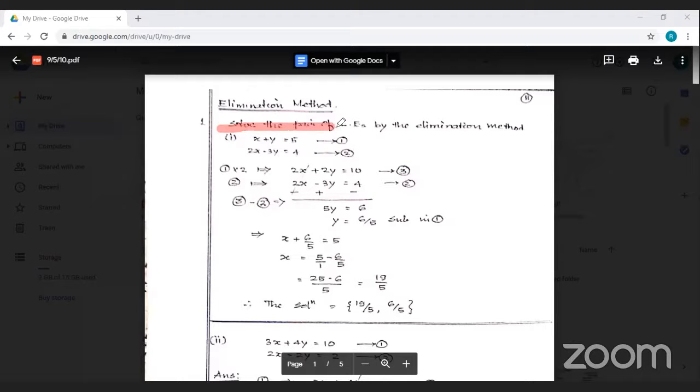Okay, solve the pair of linear equations by elimination method. Two equations are given. Now you have to solve the system of equations by elimination method.